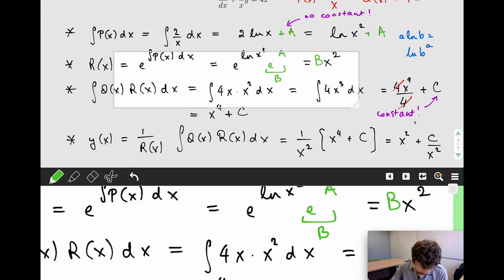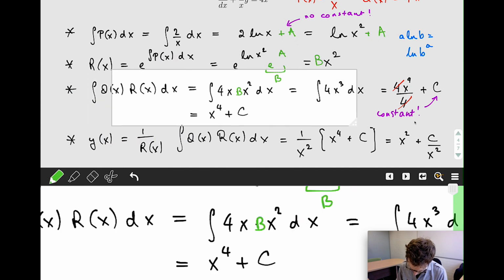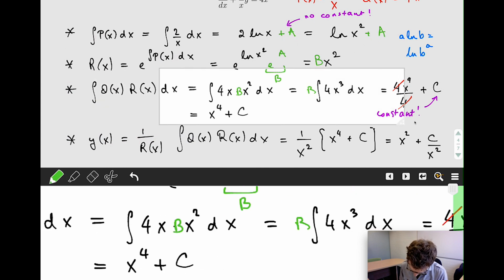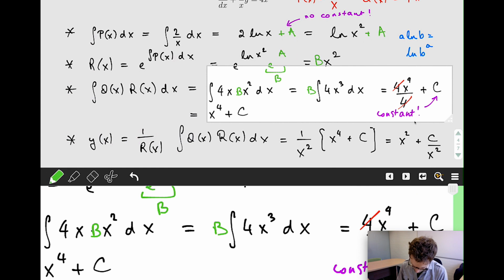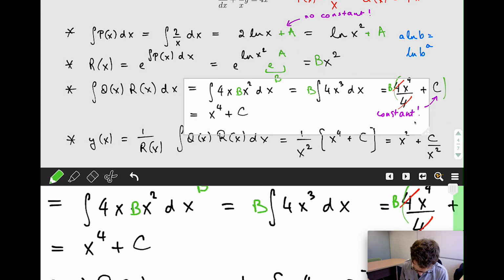Let's continue that on through in this calculation. So I've got the integral of q of x r, so that's going to give me a factor of b here, which I can pull outside, and would give me an overall factor of b here. That would give me an overall factor b here as well.